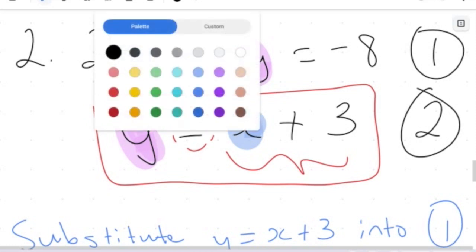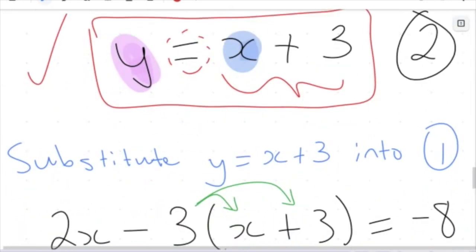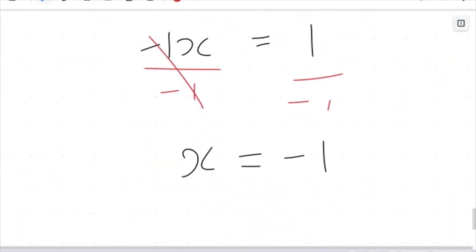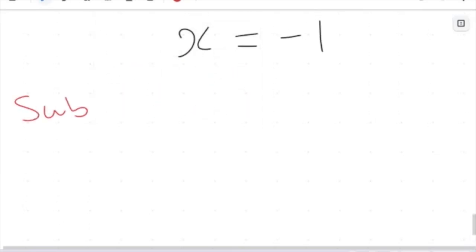Well, I don't know about you guys, but equation 2 seems far easier, because if we did it to equation 1, we'd still have to move some things around and it would get pretty annoying. All we have to do for equation 2 is substitute in negative 1 for x and add 3 to it. So let's just do that in our working out. So I'm going to sub x equals minus 1 into equation 2.